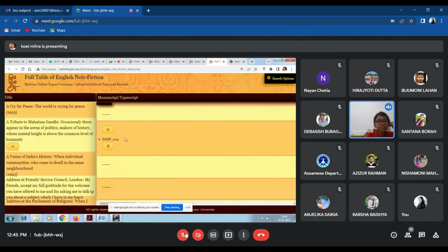This is interesting. What does this mean? This code means what we just discussed, then I'll show you what happens in the code. Yes? This is English manuscript 24.